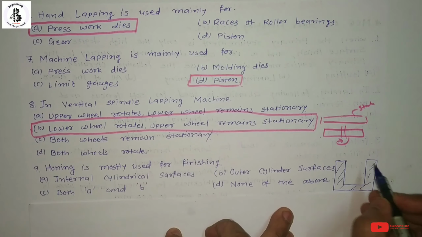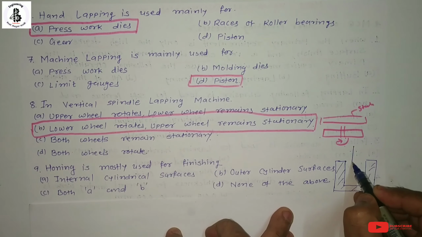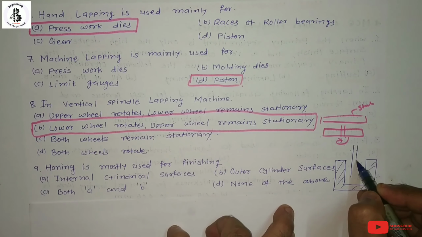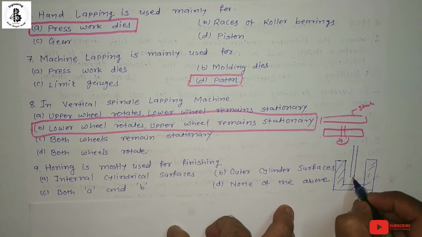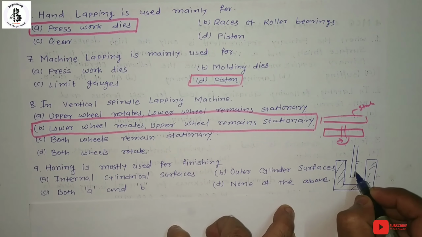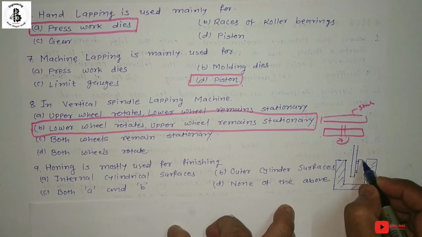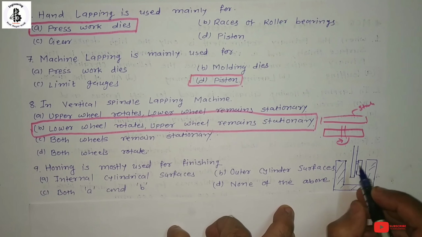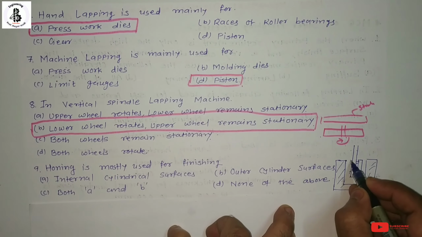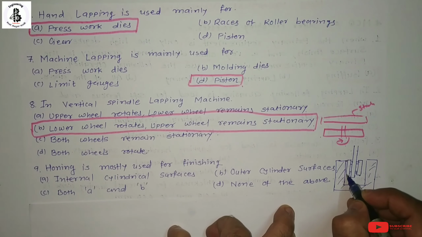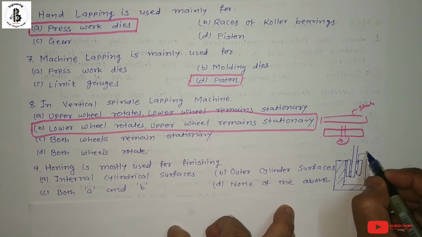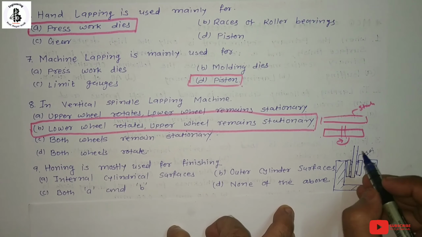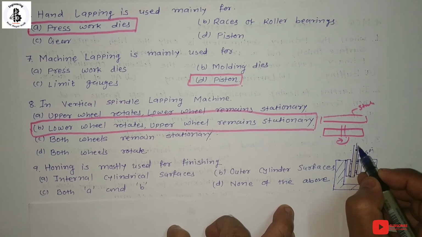The honing tool is introduced into that diameter, and the abrasive sticks, as you can see, are attached at the periphery of the honing tool, with springs attached to these sticks.